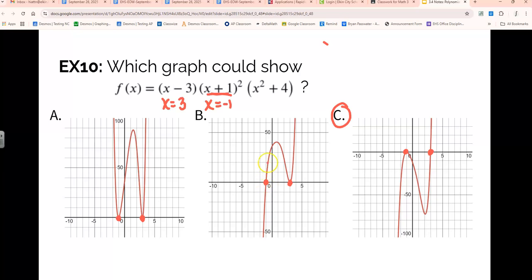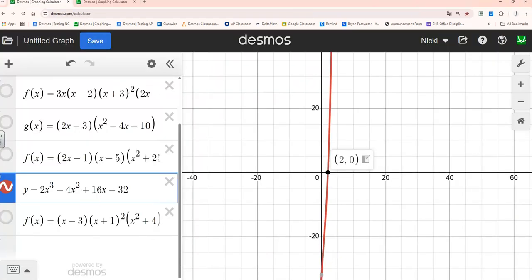For B, this is not a bounce right here, so that's not going to be our answer. And then for C, we can see that we do have a bounce, so that's the one that has all that we need. X squared plus 4 is going to give us imaginary zeros, and those don't show up on the graph.